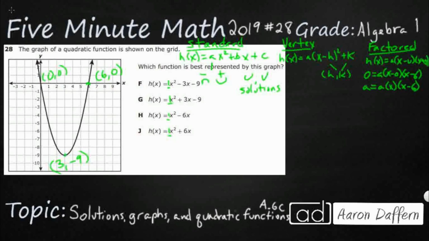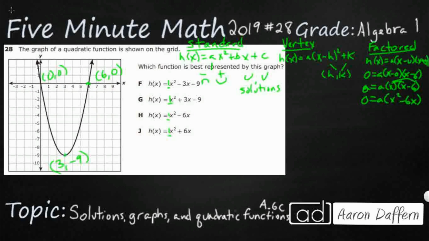That'll make it a little bit simpler. So it's just going to be 0 equals a, and I'm going to distribute that out, x squared minus 6x. Now, that's as far as we get. We do see that on h, but we don't know what the a is. That's as far as we get.